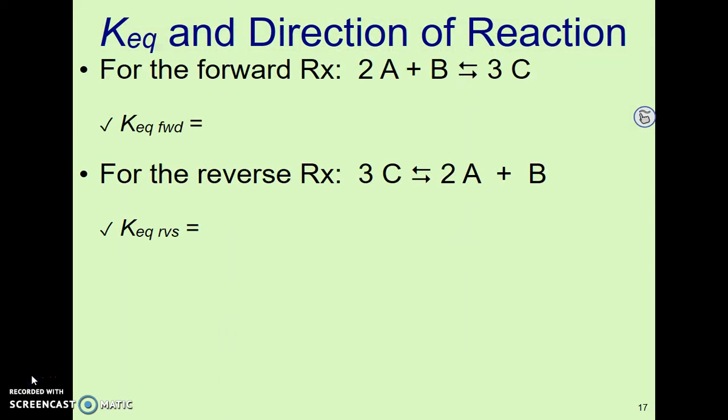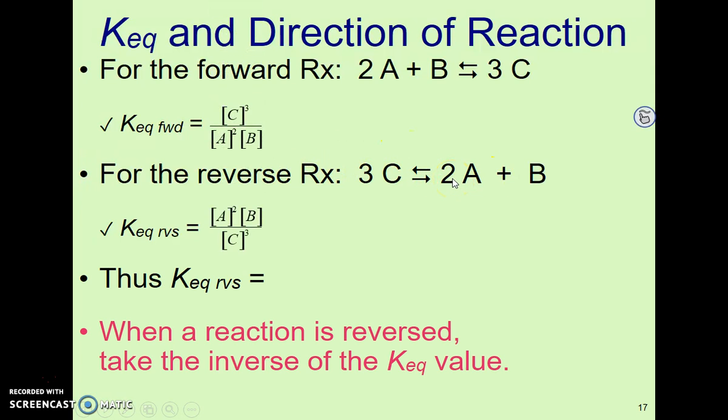Okay, so if you take a look at this reaction here, this is the reaction written in the forward direction, and then here, we're flipping the reaction. So let's get the K values. This is the K expression for this reaction, and this is the K expression for the reverse reaction. Let's say you had the K for the forward reaction, and you calculated this and it came out to be 6.